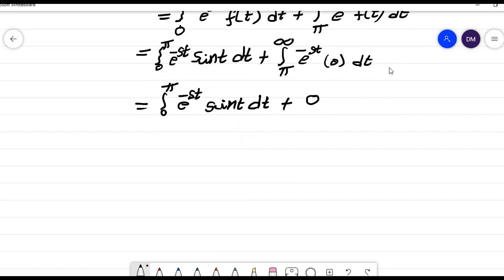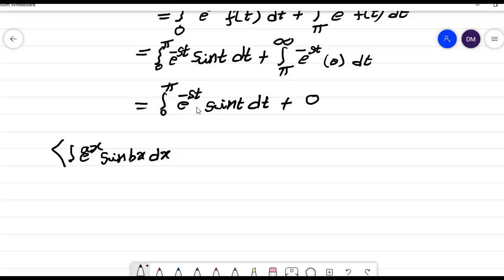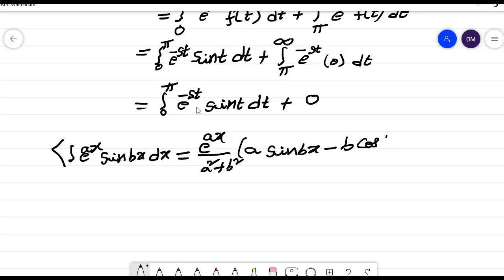Now see how to find the value of this integral. We have an integral formula. We know that the integral of e power ax sin bx dx is e power ax by a square plus b square, into a sin bx minus b cos bx.